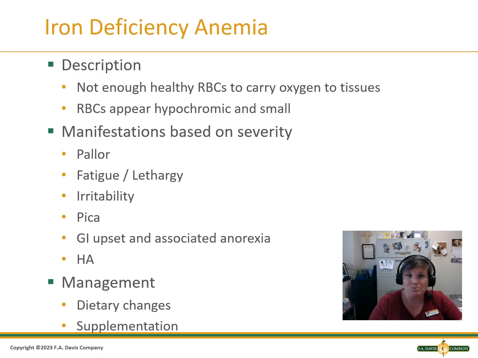And then the other management option would be supplementation. And so that's us giving the patient iron in some other form, usually an oral medication that's available, especially for children in a liquid capacity. But obviously, if they can swallow pills, there's the choice of a tablet as well.